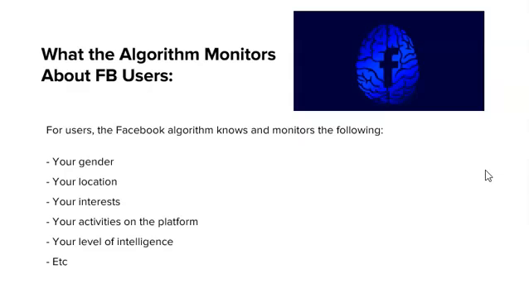For example, as a user, the Facebook machine knows things like your gender, your location, your interests, your activities on the platform, and sometimes your level of intelligence based on your activities on the platform, and a whole lot of other things. And it gets all this data based on your behaviors, based on how you behave each time you log into Facebook, and the type of adverts and the things you click on.